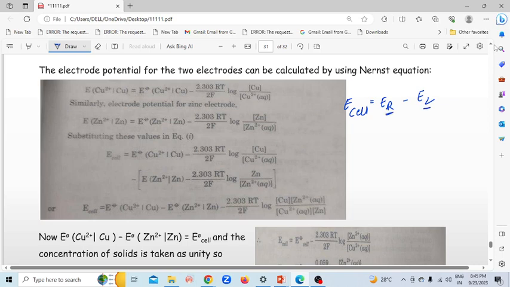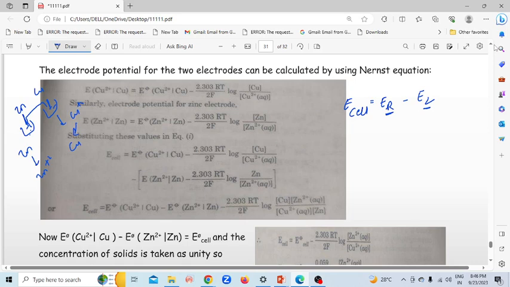Suppose this reaction is happening here. Let me first draw it. It is zinc and copper. Here Zn converts to Zn plus 2, and here Cu plus 2 converts to copper metal.